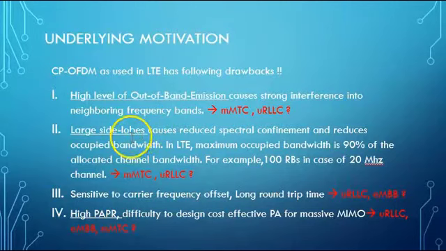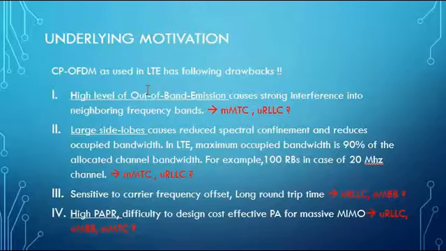The other thing is that one of the requirements is that we minimize the leakage of power outside the very narrow guard band around the useful signal band. But in OFDM there are large side lobes, which reduce the spectral confinement and also reduce the occupied bandwidth.